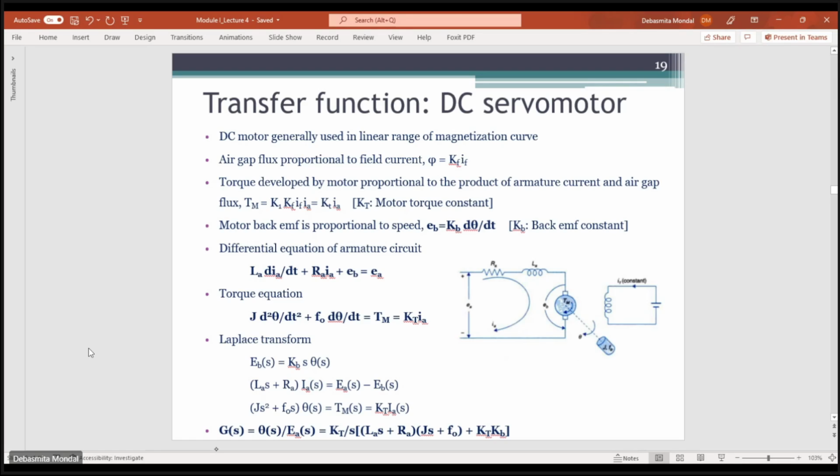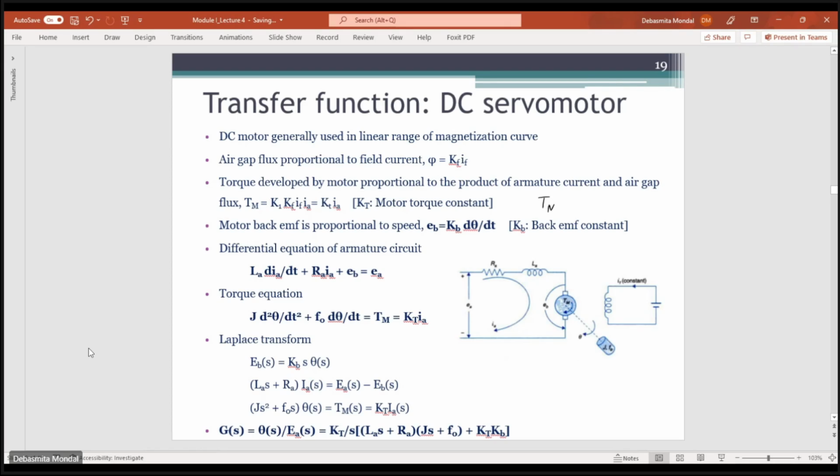And the torque which is developed by the motor is proportional to the product of the armature current as well as the air gap flux. So you can write that the torque generated in the motor, Tm, will be proportional to phi and to the armature current Ia.